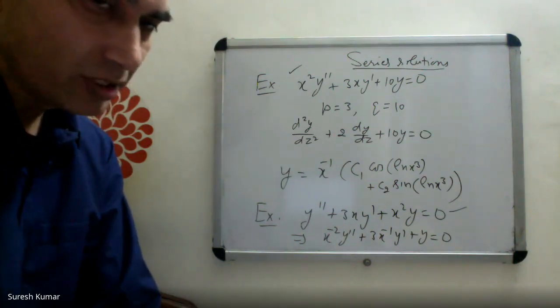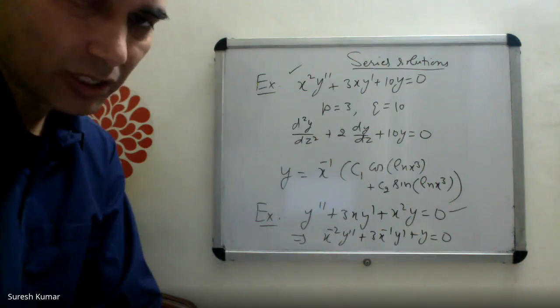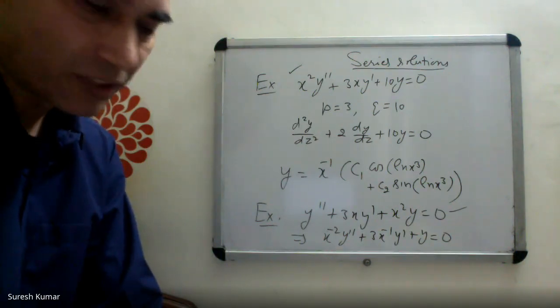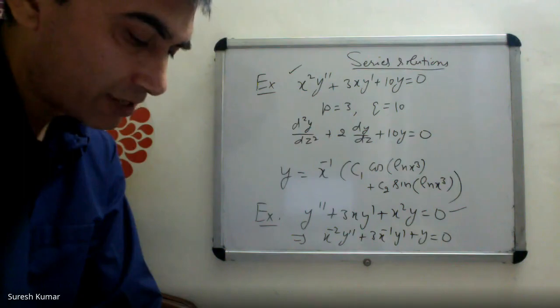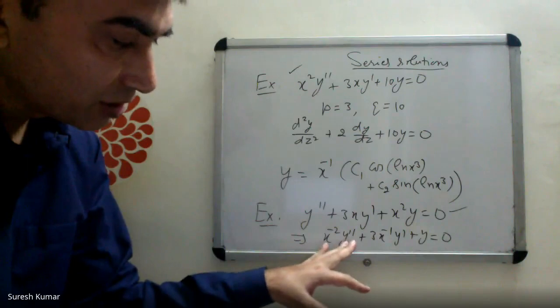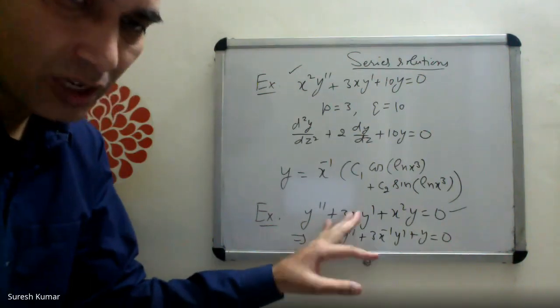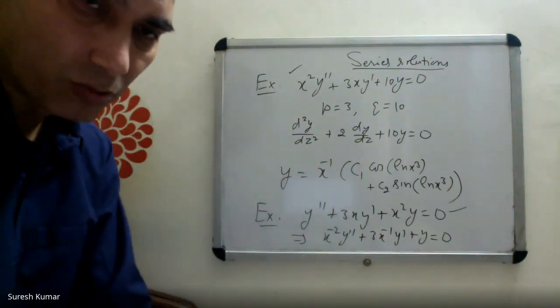By the way, how many methods are there for solving a differential equation exactly? Do you have any guess? Excuse me, sir, can we replace x raised to the power minus 1 by another variable? In that case, y prime and y double prime will take a very complicated form.